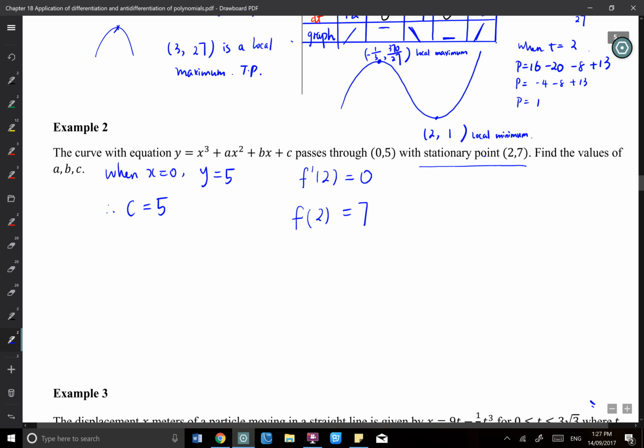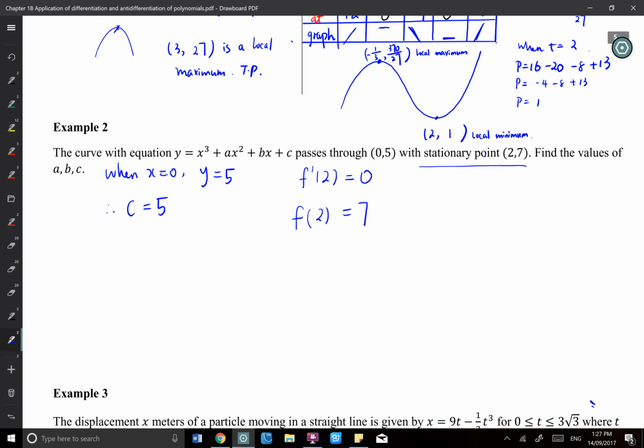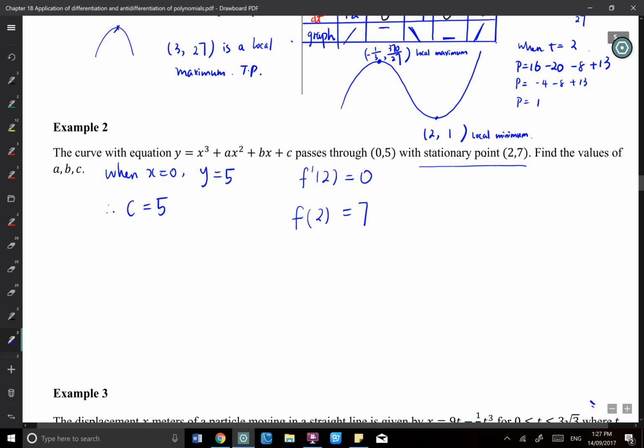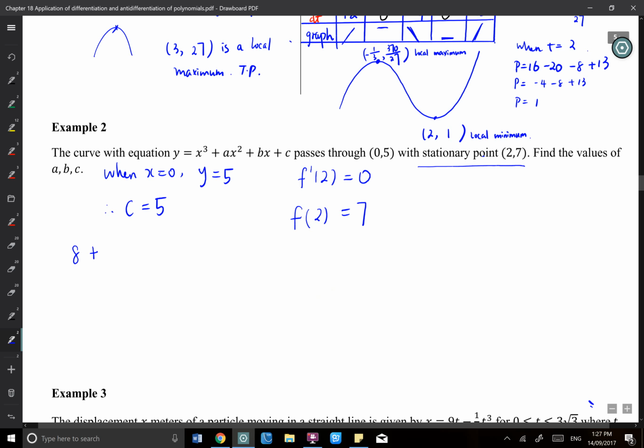Stationary points give you two pieces of information. One piece of information is just as normal: you sub that into the original graph, and you have 2, 7. And then stationary tells you the gradient equals 0, so dy dx at x equals 2 is 0. But that's fine, let's find f2. What's f2? f2 is 8 plus 4a plus 2b plus c. C is 5.